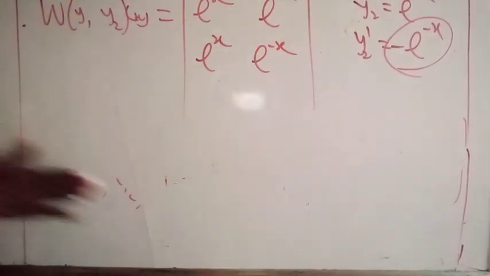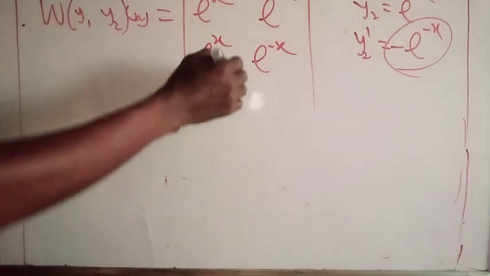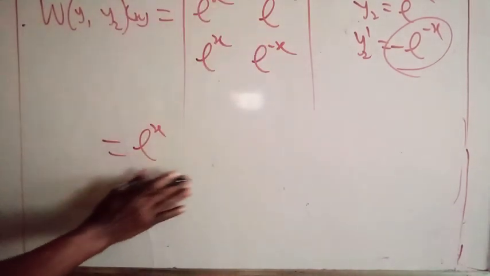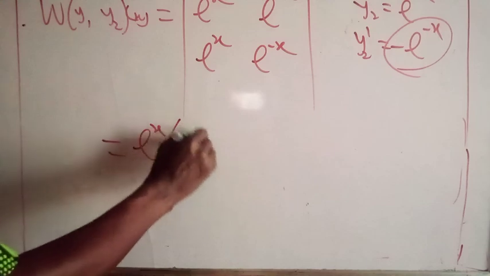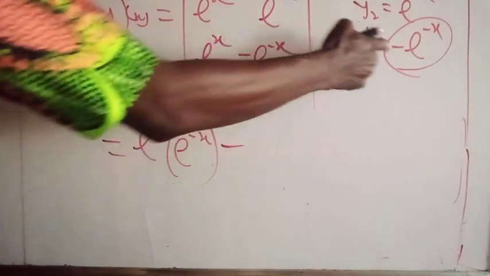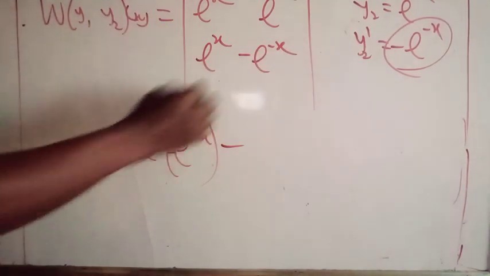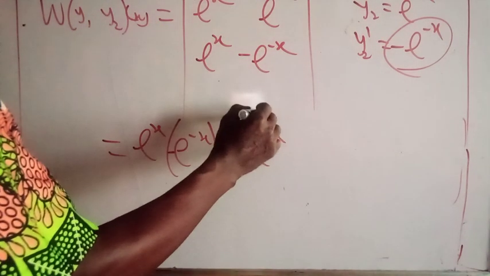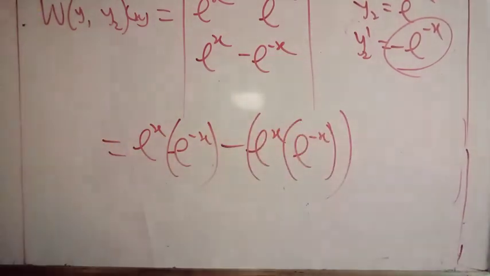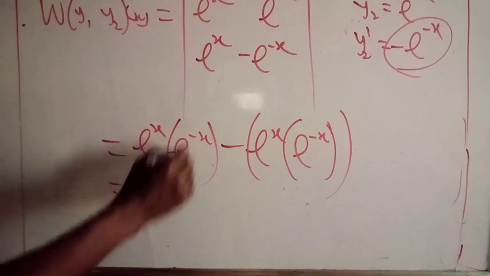Let's find the determinant of this particular value. Don't forget, for the determinant you multiply this way: exponential x times exponential minus x. Don't forget this minus will be here because we obtained minus there. Then minus exponential x times exponential minus x. So this one will be minus exponential x minus x.